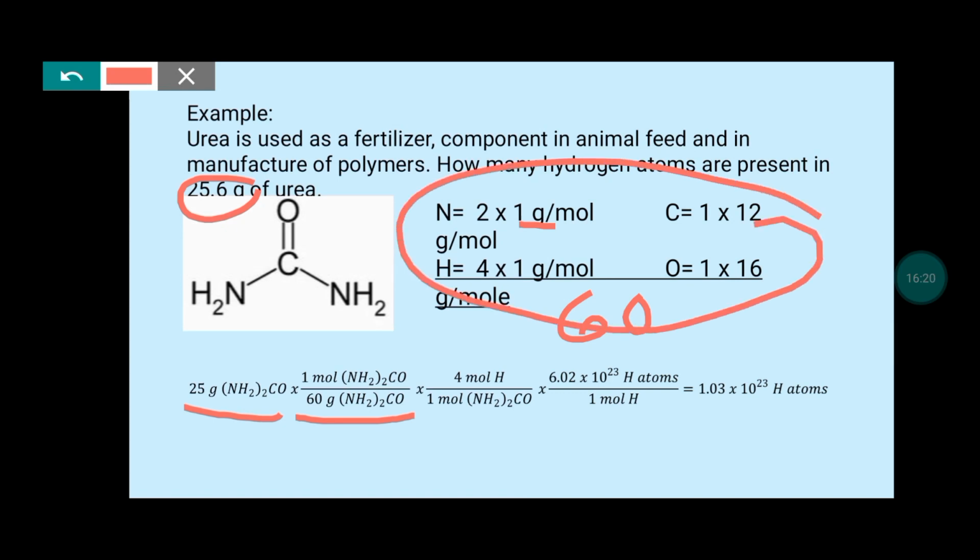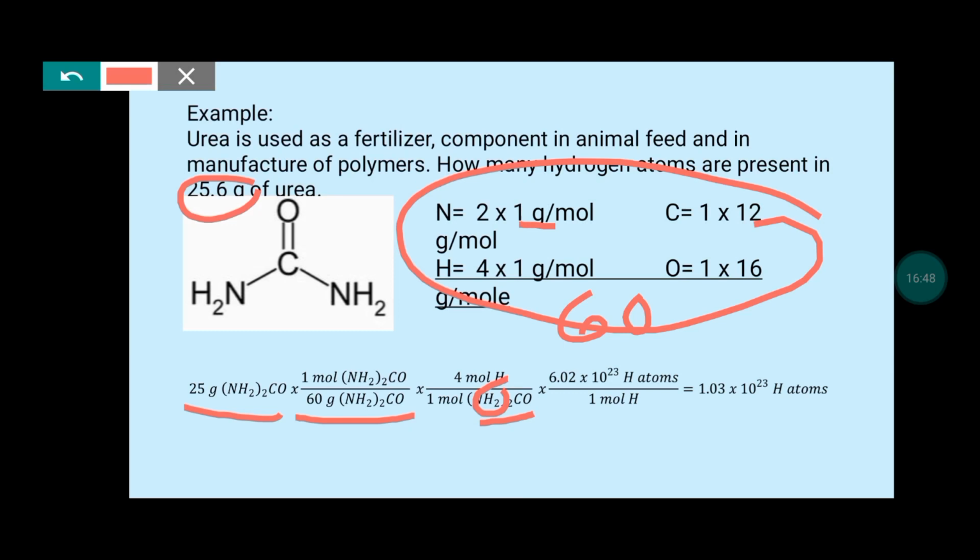Times, in every mole of urea, we have 4 mole of hydrogen, because the subscript of H here is 2, times 2, so 4 mole of hydrogen. Times 1 mole of hydrogen. In every mole, we have 6.02 times 10 raised to 23 H atoms.